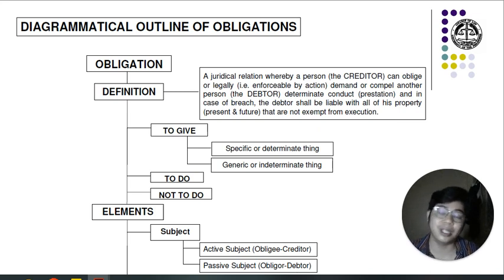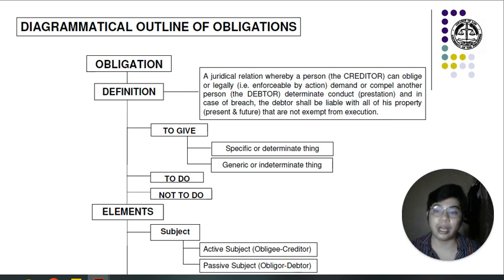And what is that performance? The payment of debt of the debtor. Okay, so that's the difference between natural and civil obligation. So what is being referred to in Article 1156 is the civil obligation.